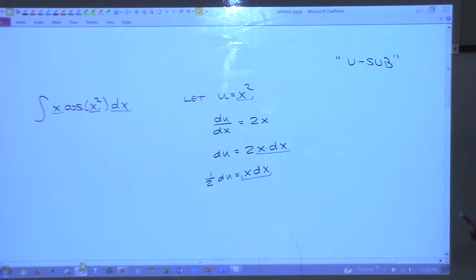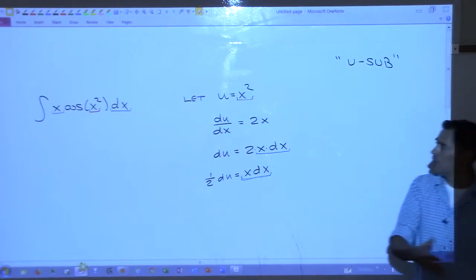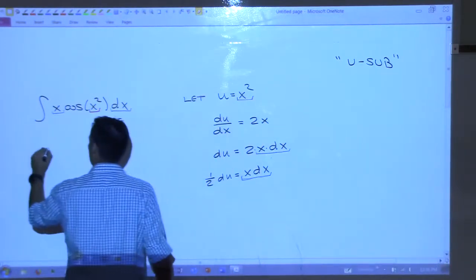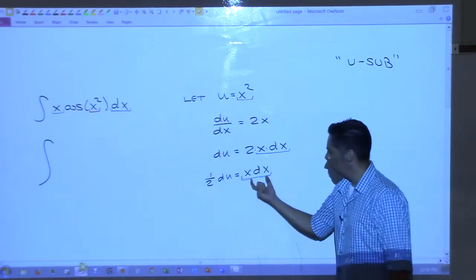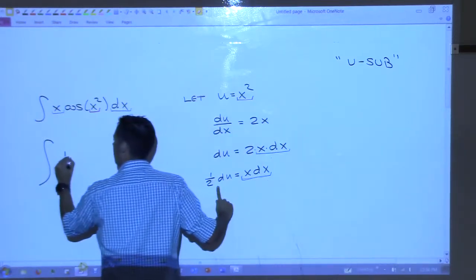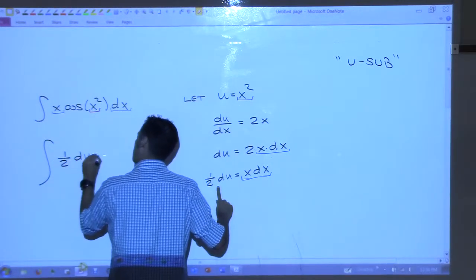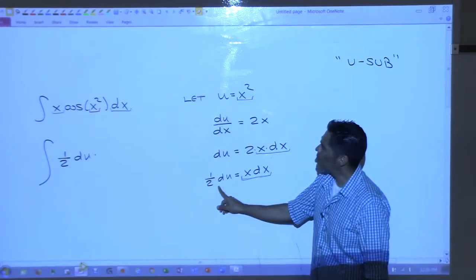I'm going to rewrite the problem, and I'm going to basically dump my x's and make everything u's now. So when I rewrite this, what does the x dx become? Half du, right? Half du times, what does cosine of x squared become? Cosine of u.